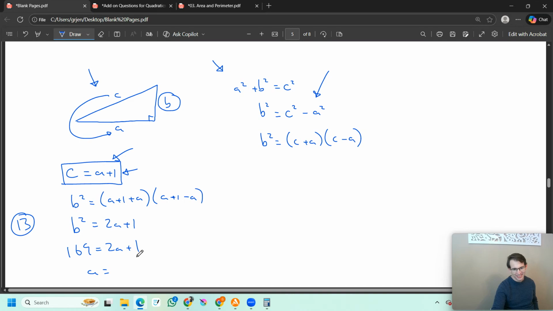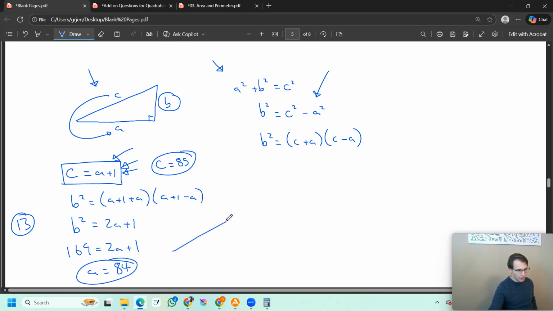Is it 84? I believe it's 84. Okay, 84 times 2 is indeed 168. Good. So then that means c equals 85, because we decided up here that c would be 1 more than a. So c is 85, a is 84, and b is 13.